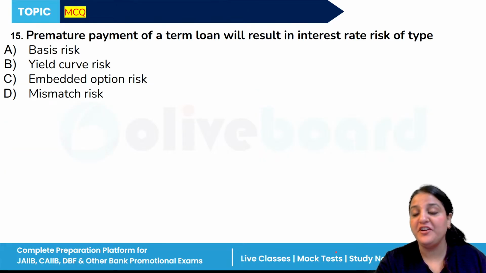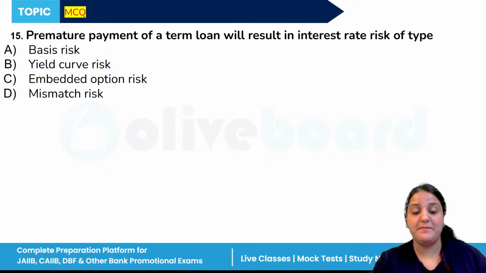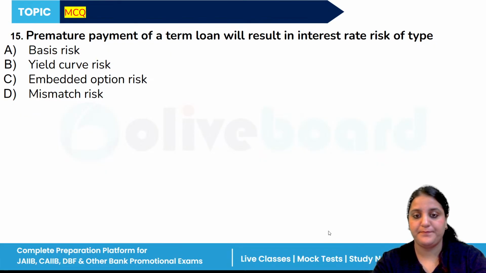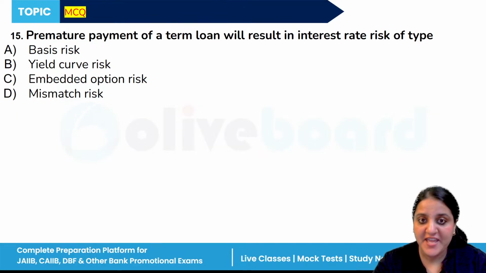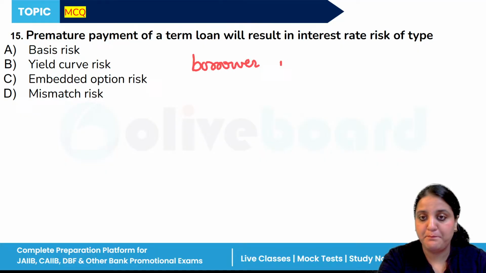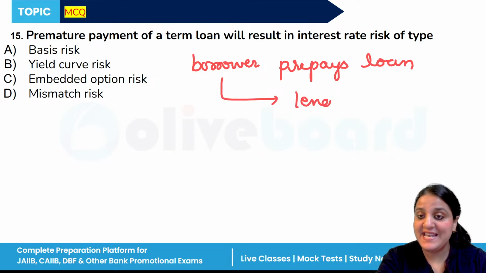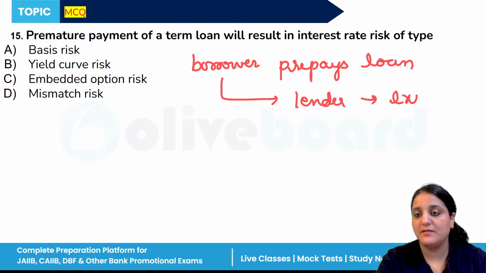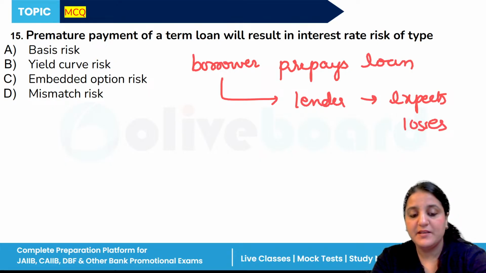Premature payment of a term loan will result in interest rate risk of which type? See, whenever a borrower prepays the loan, the lender expects losses, right?